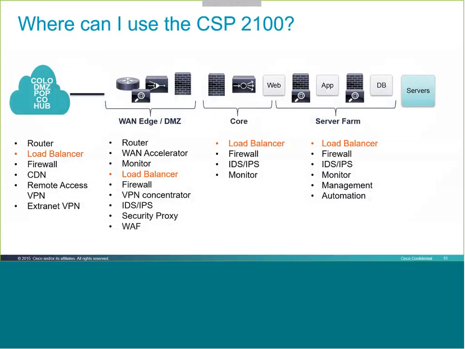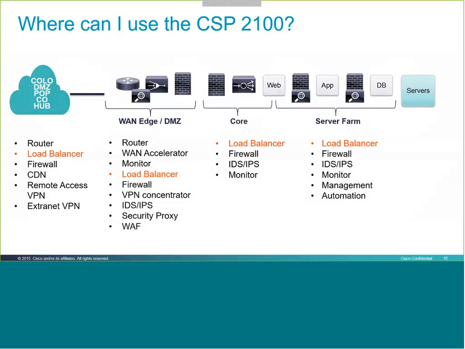So where can I use this particular appliance today? Just about any place in the network. If we take a look at the load balancing use case today, it is being deployed within colos, which are being used as DMZs, both Avi and the CSP.